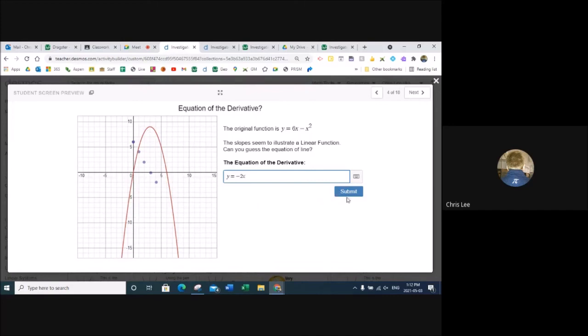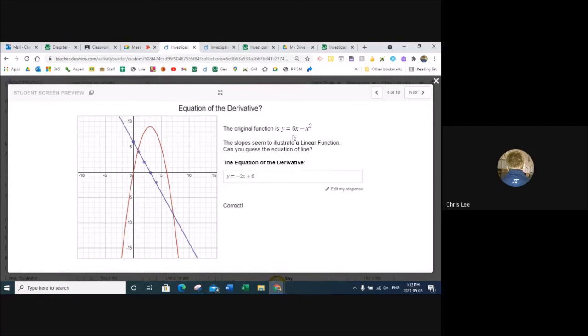I'm going to see if that's right. And it's not quite right because I have to add the y-intercept, and of course it goes through 6. So this is -2x plus 6. And so it turns out that the equation for the derivative is -2x plus 6. And we've discovered this derivative for this particular special function.